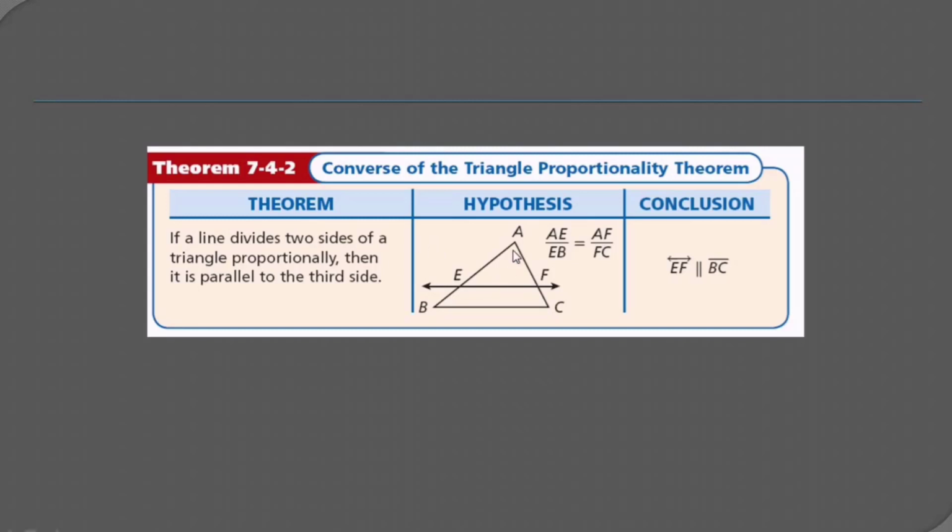Which means if I have AE over EB equal to AF over FC, this means EF parallel to BC. So it is the converse or the opposite. If I have AE over EB equal AF over FC, this means EF parallel to BC.